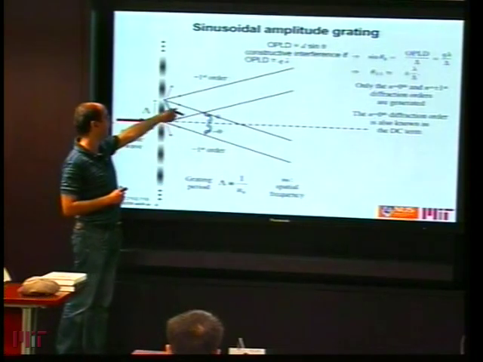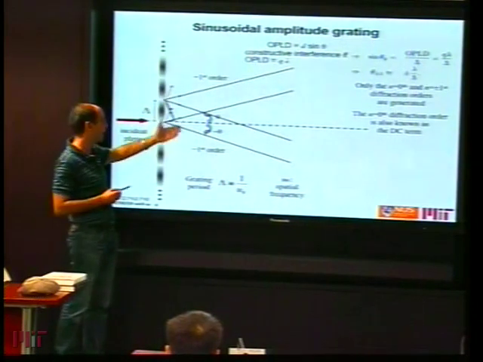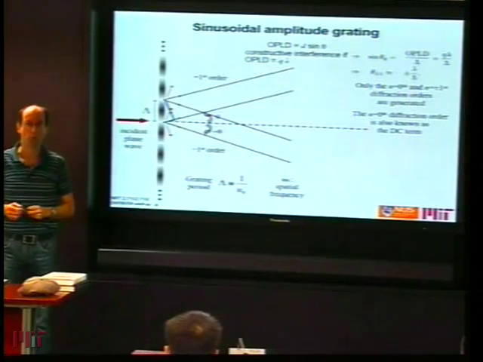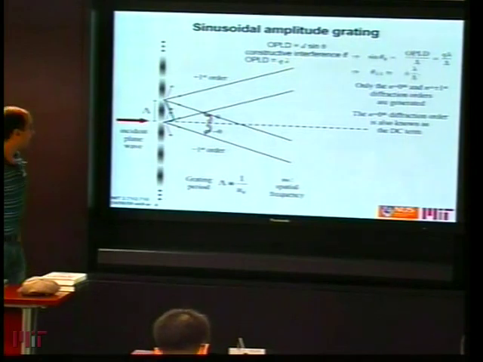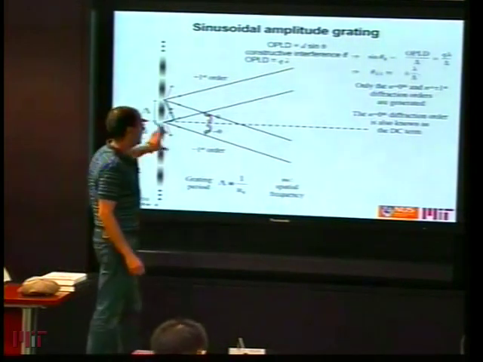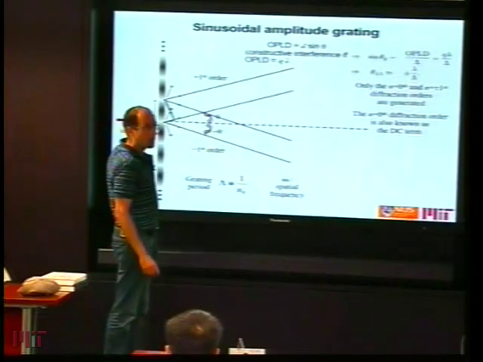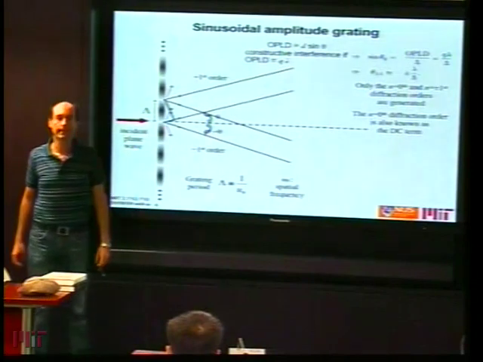So that is why this is the plus first diffraction order. It has a positive propagation angle, and then the one that has negative propagation angle, we call it the minus first diffraction order. The 0th diffraction order is the one that has theta equals 0, that is, it's propagating on axis. That is also known as a DC term.